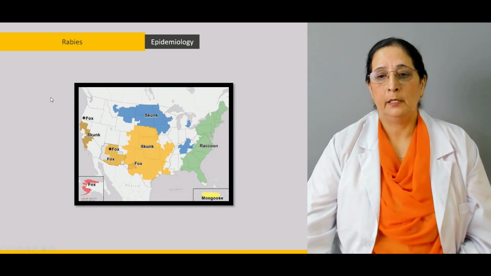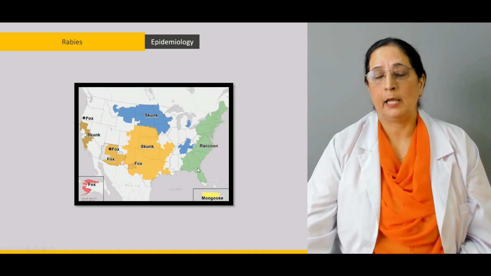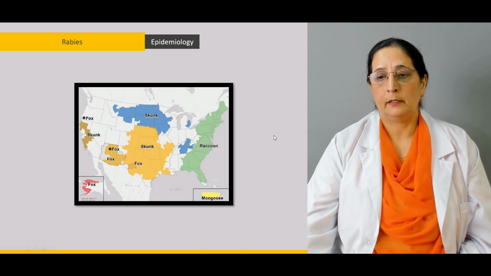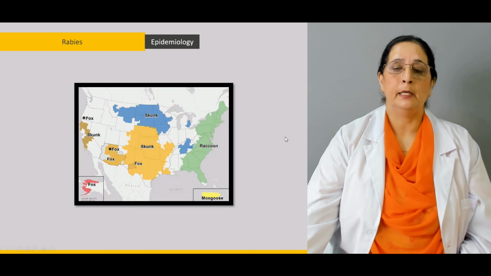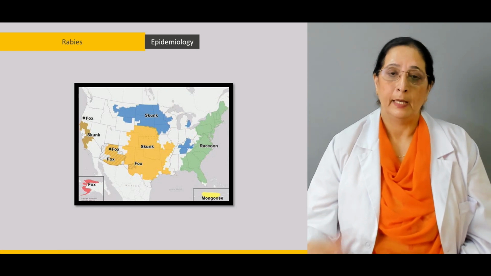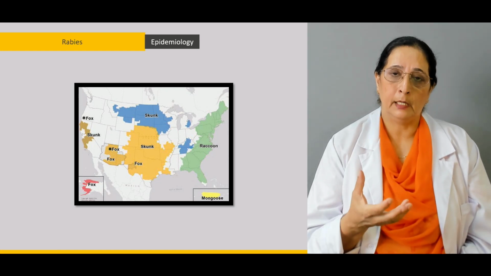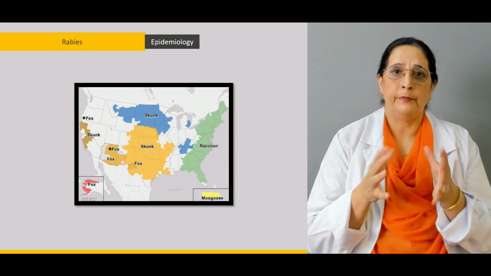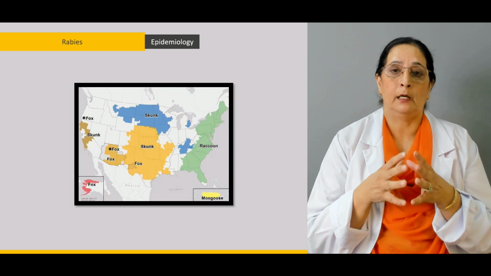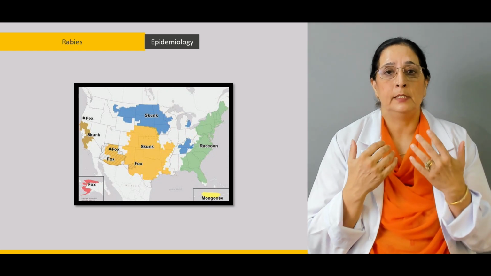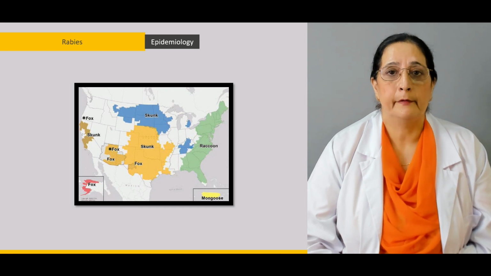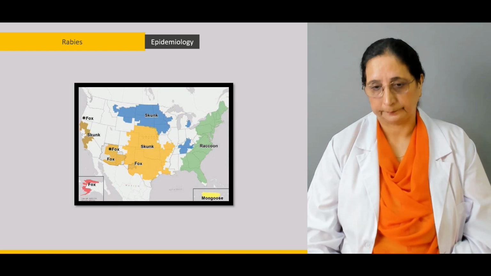So in the American region we have raccoon, skunk, and fox, and these are the mammals which mainly cause rabies. It's a common infection worldwide, with roughly 56,000 deaths occurring annually from rabies infection.